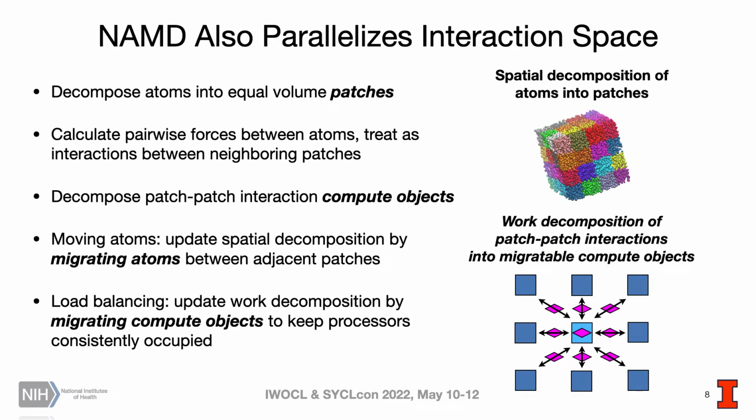Now, it's common for parallel programs to decompose over the data elements being calculated. NAMD does this using a spatial domain decomposition of atoms into equal volume patches. When calculating range-limited pairwise forces between atoms, we treat these as interactions between neighboring patches.